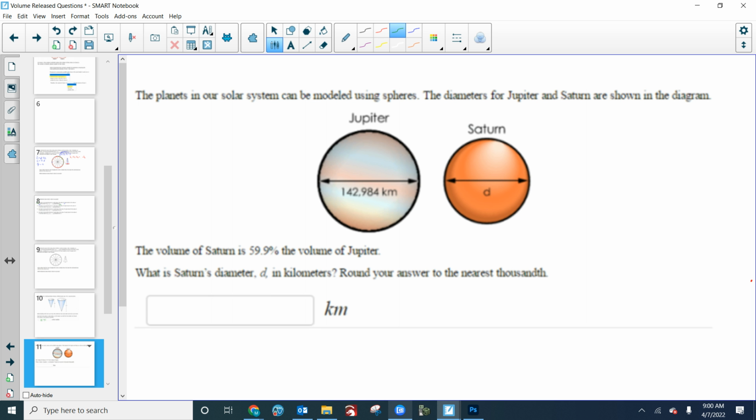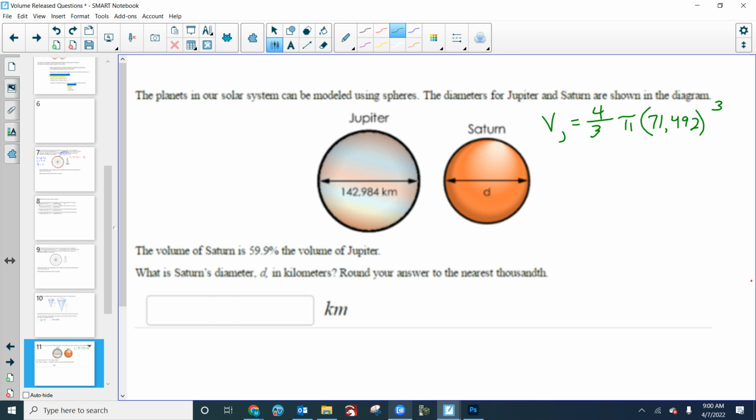Ooh, the Jupiter problem. All right, calculators are ready to go, right? Fired up, ready to go, warmed up. All right, the volume of Jupiter. 4/3 pi r cubed. Well, the radius of Jupiter I got was 71,492.